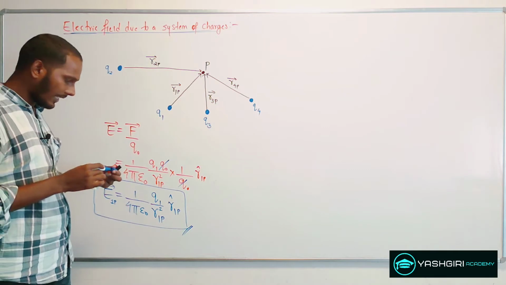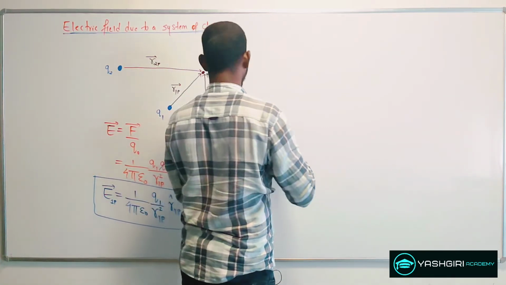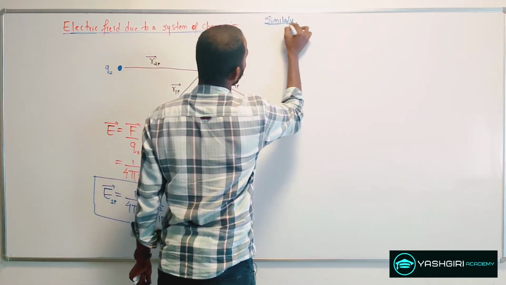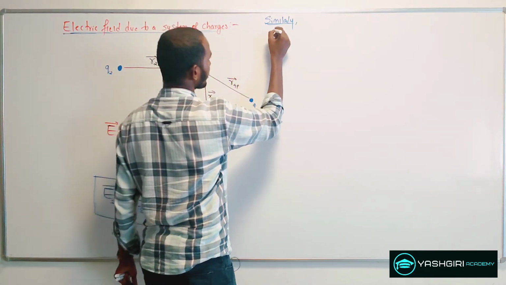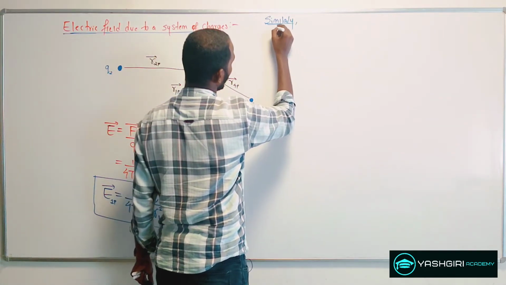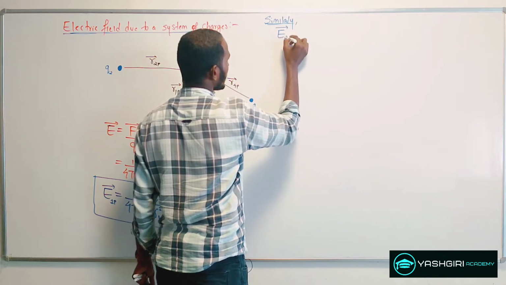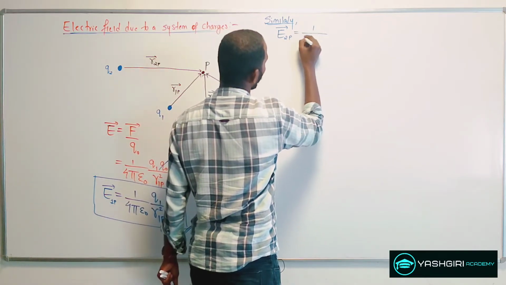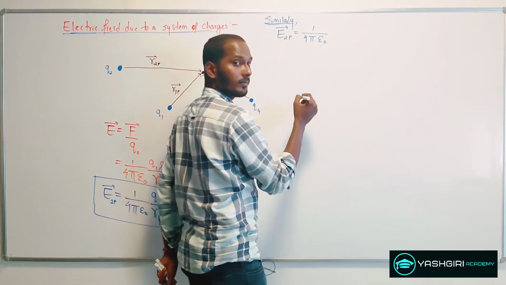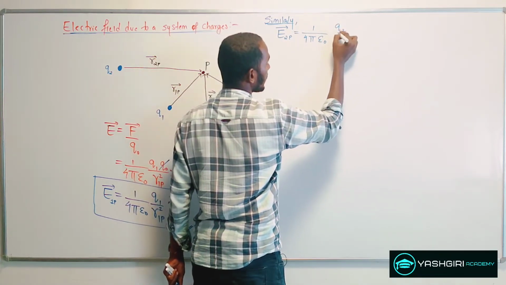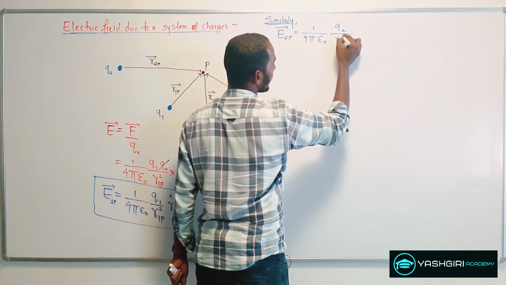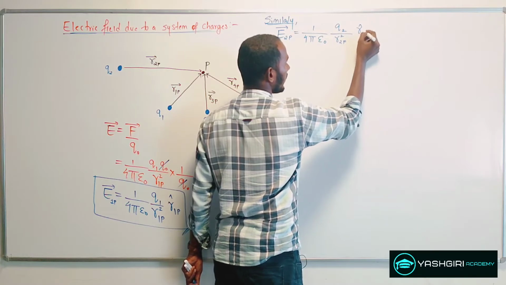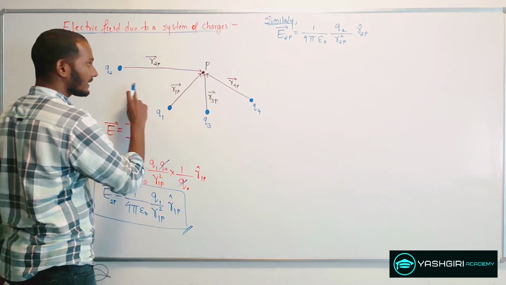So similarly I can say that the electric field due to the second charge at the position P will be 1 upon 4 pi epsilon naught into the source charge, in this case Q2, divided by the distance at which you are going to calculate, into the r cap, that's the direction, of 2P. So that's for the second charge.